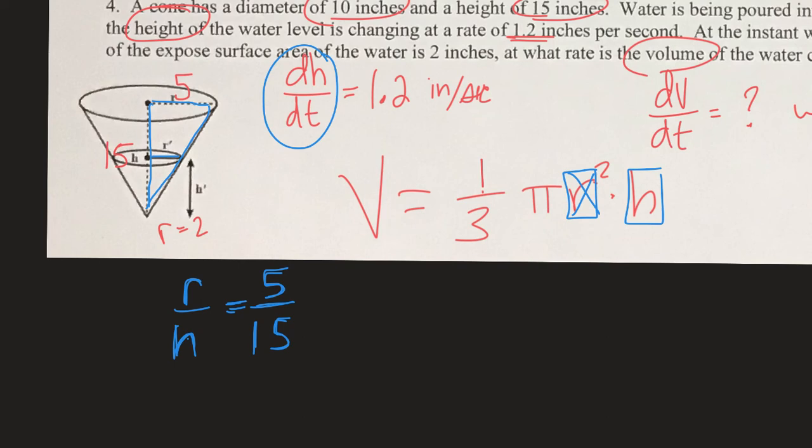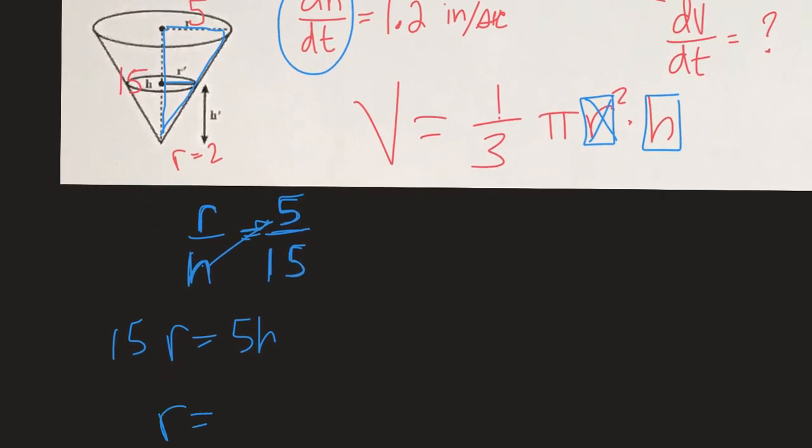So if we solve this for r, we cross multiply: 15r equals 5h. That means the radius is h/3. The radius is 1/3 of the height. Which makes sense, right? When the height is 15, the radius is 5.